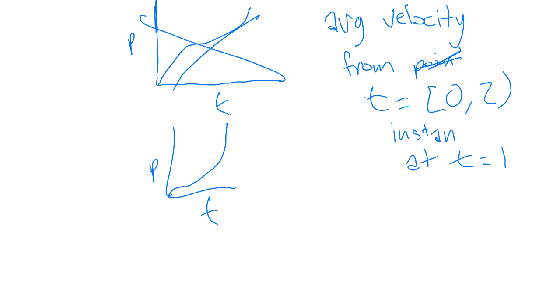And then let's say it is defined as p equals t cubed. So yeah, now we have our p. So now we know that p equals t cubed.